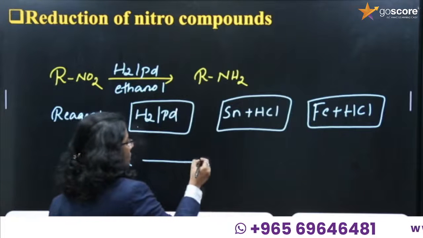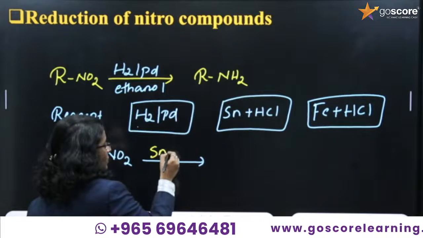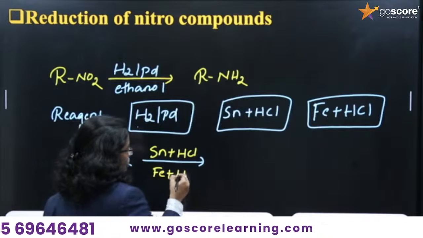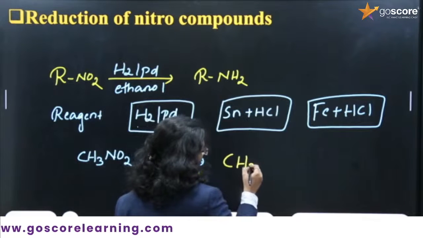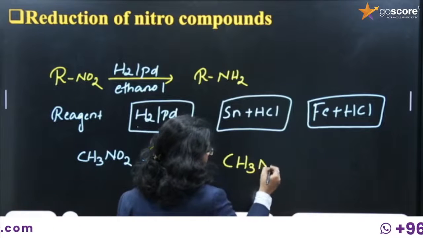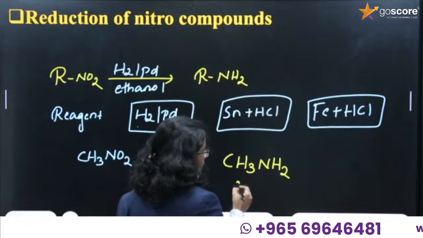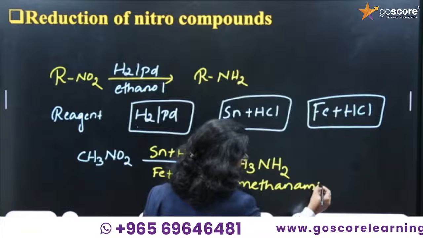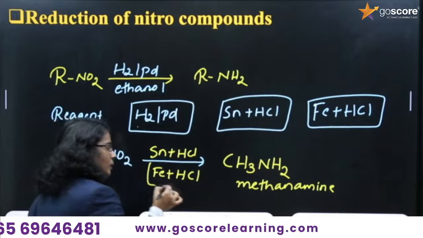On reduction with Sn plus HCl or Fe plus HCl, you will get CH3NH2. What is this? This is a primary amine. This is called methanamine.